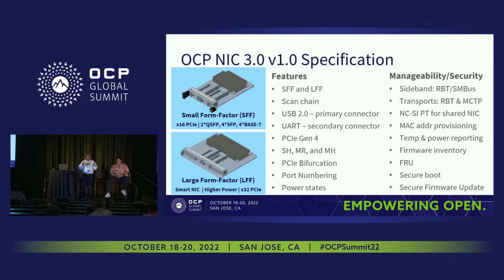So that basically created the whole baseline set of features. And from day one, we looked at this device, and we had a template when we started OCP NIC 3.0 that we want to make sure that all the baseline manageability and the security aspects of the device are clearly specified based on the standards that we want to leverage.